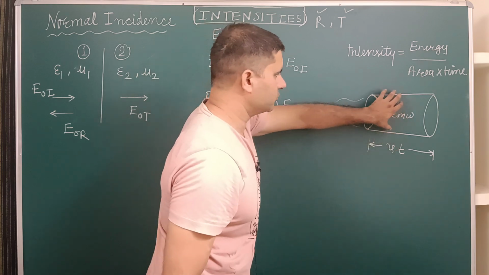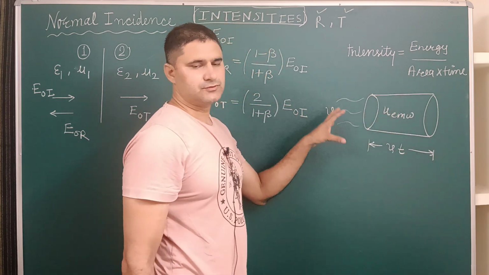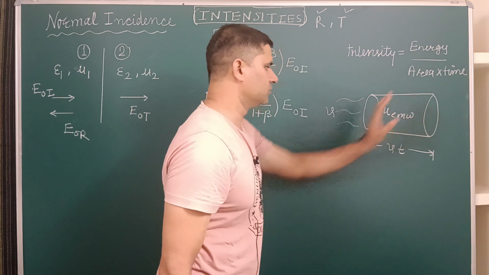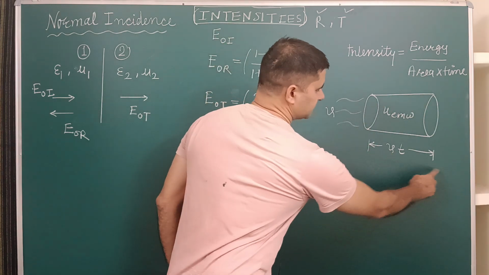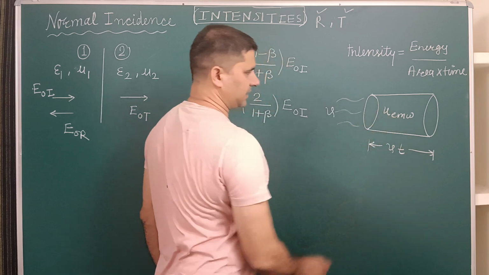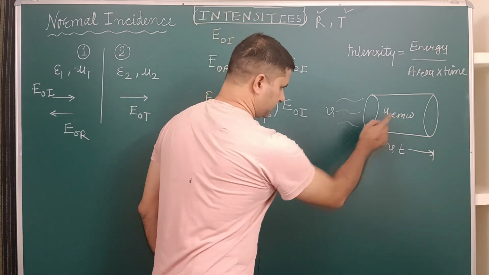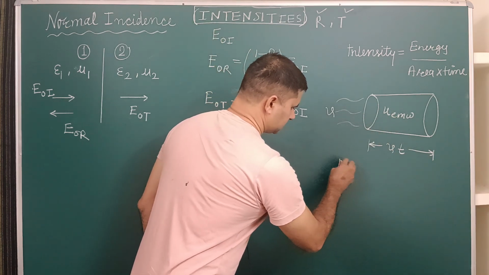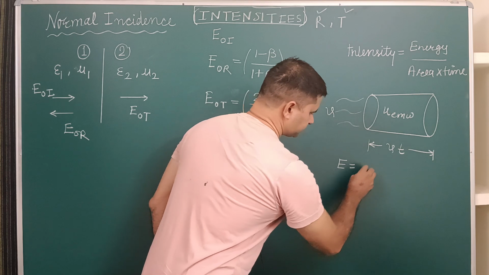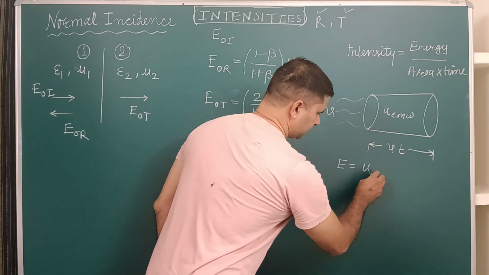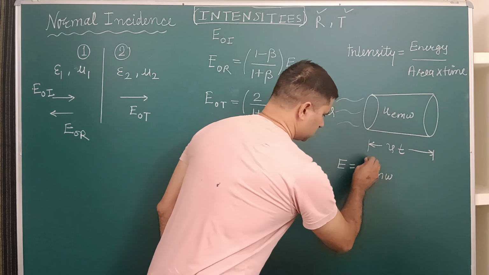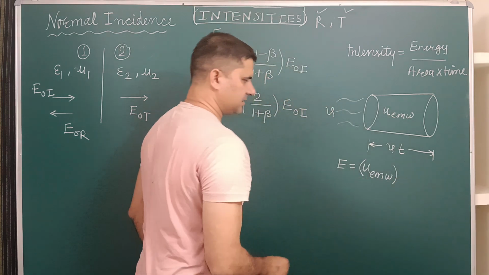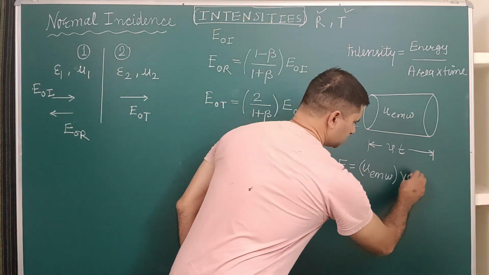To find the volume of this cylinder, which is filled by the electromagnetic wave, up to a distance of velocity into time, we will find the total energy. The energy will be equal to the energy density U_EMW into volume.